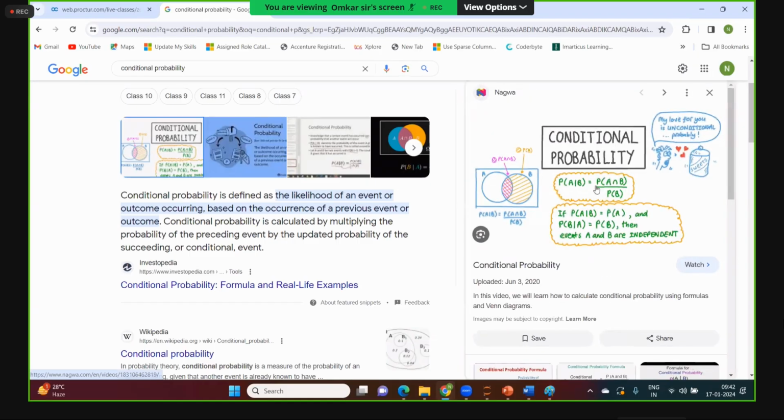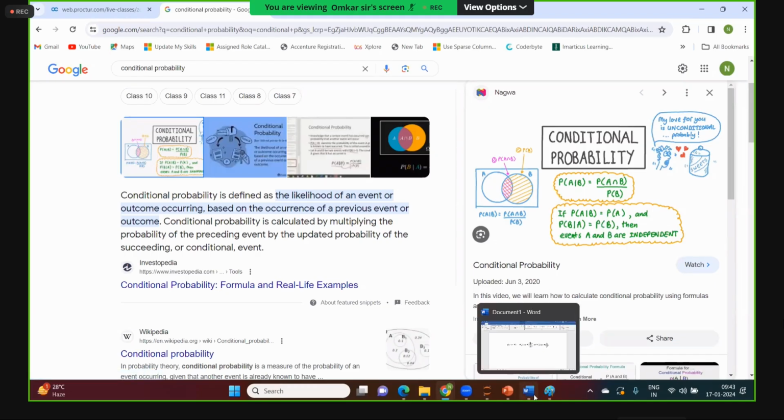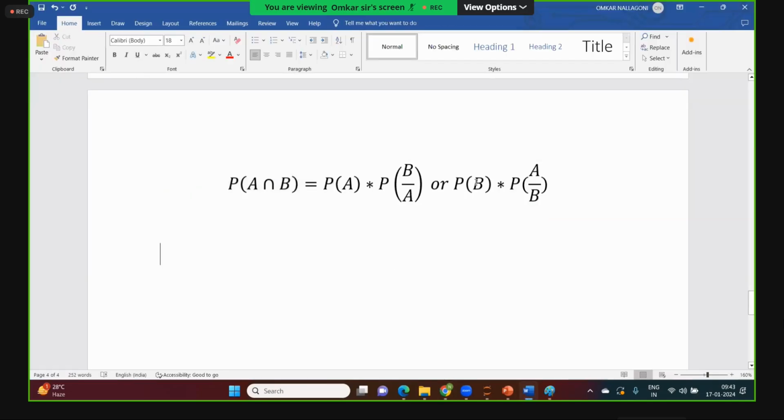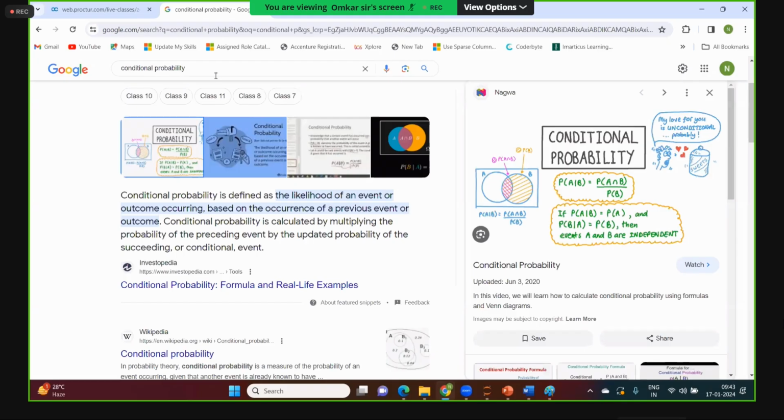Now you see here, P of A intersection B equals what? P of A by B into P of B. So here there are two use cases. You can use this or you can use this. Any formula is fine. Anything you can use.